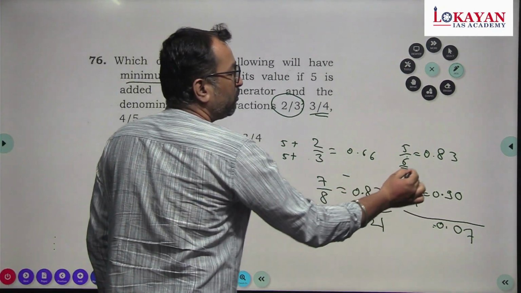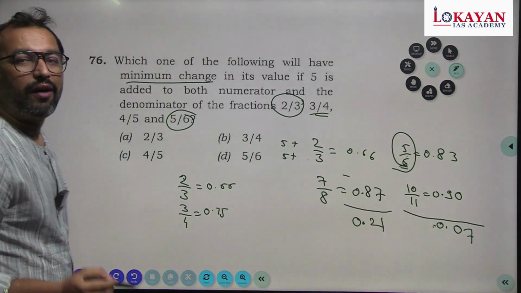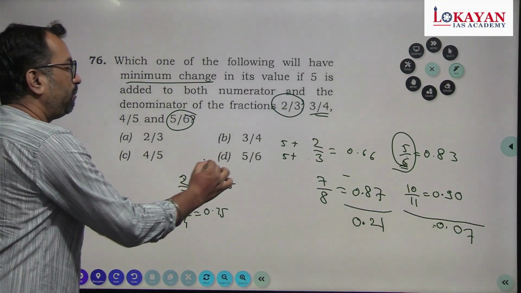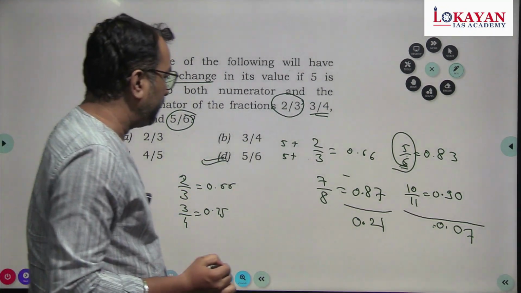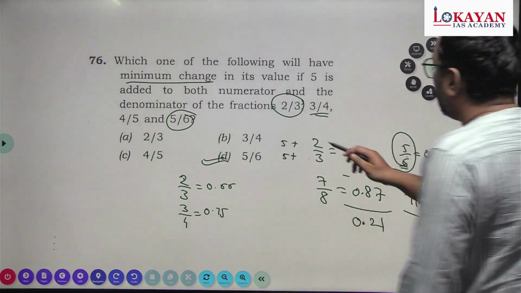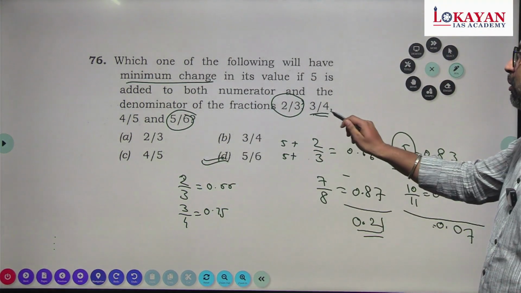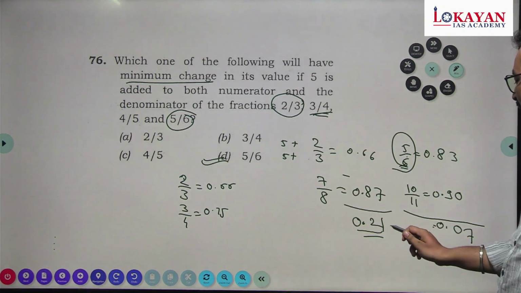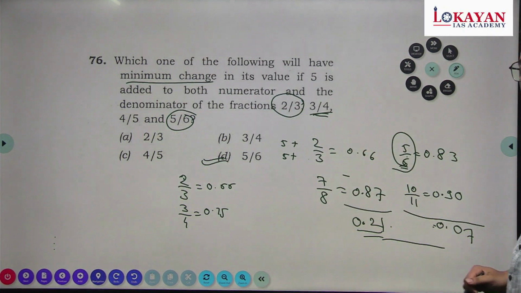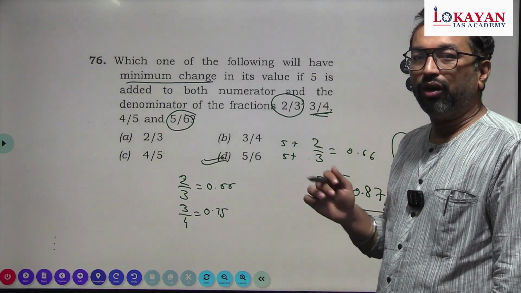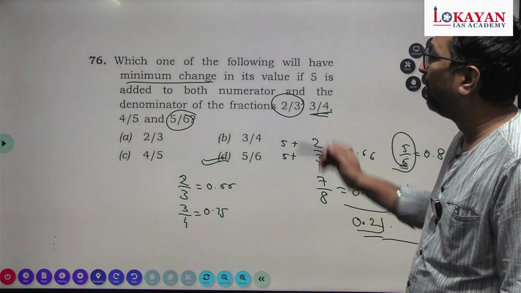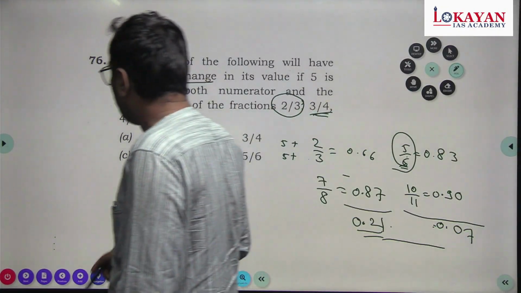So minimum change will be in 5 by 6. 5 by 6 में minimum change होगा. So option number D is correct, because 2 by 3 में change क्या हुआ? 0.21. What will be the change for 3 by 4 and 4 by 5? It will be in between 0.21 and 0.07. So they do not count. There is no need to calculate for middle values. So the answer will be option number D.